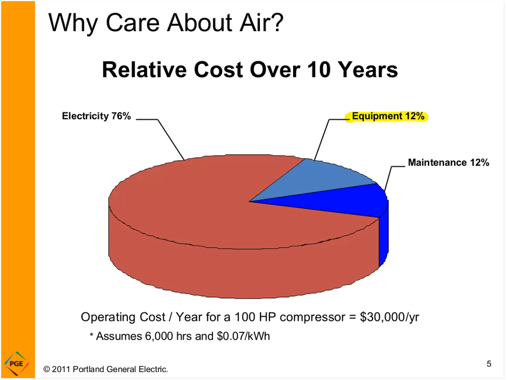It might be worth it to go ahead and pay for it, because over the course of 10 years it's spread out, and it's not that much. We have another 12% for maintenance, just taking care of the compressors, changing the oil, filters, whatnot. But look at this over here. Over 3/4 of the pie of the life cycle of 10 years of the compressor goes to electricity.